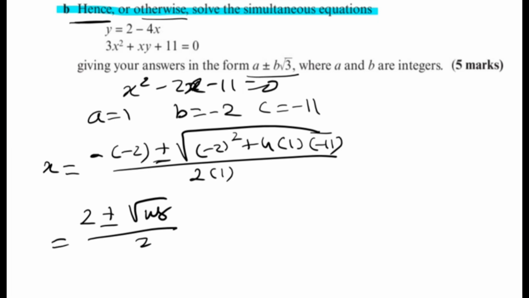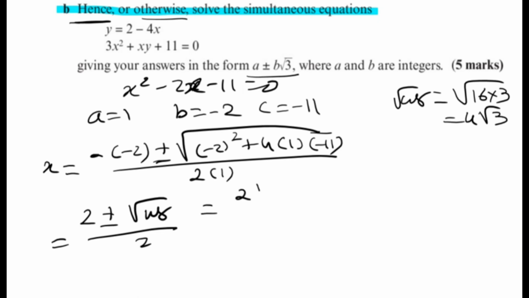Now they are telling us the form a plus or minus b root 3. So we will try to simplify it. First I will convert root 48. I know root 48 is equal to root of 16 times 3, so that will give me 4 root 3. So I will write 2 plus or minus 4 root 3 over 2.